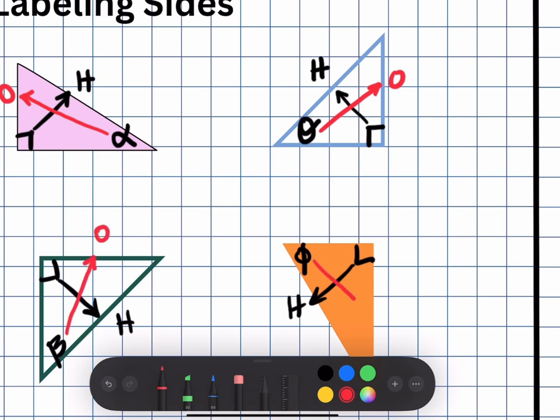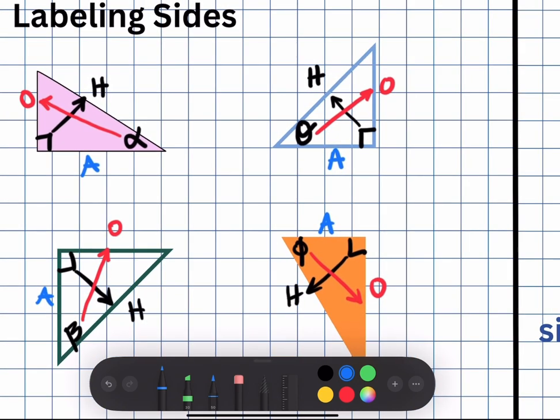And lastly, across from this angle, this side would be my opposite. So as you can see, the hypotenuse relatively stays the same, but the opposite side changes depending on what your angle is, okay? So now my last side, whatever's left over, is your adjacent. So that leftover side, I'm going to go in and label it as adjacent, okay?